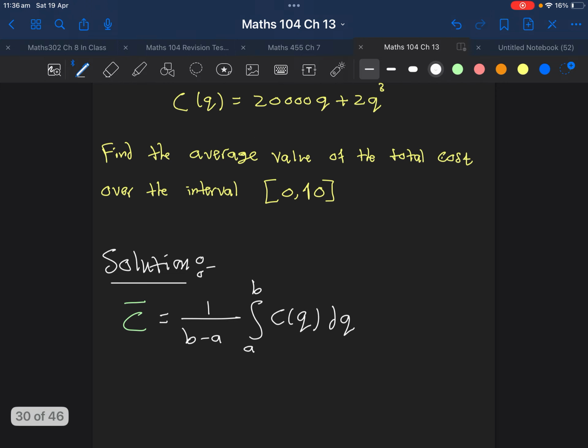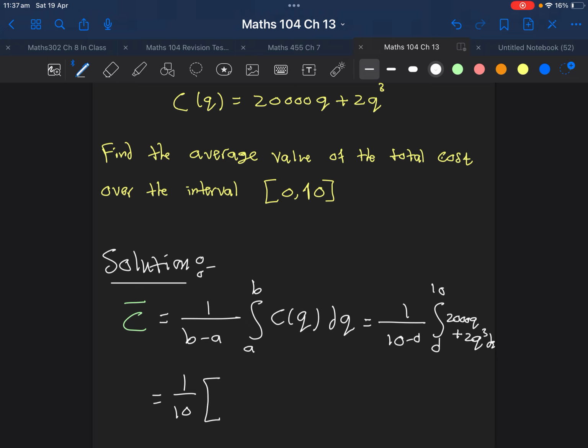Now it's very simple here. It will be just 1 over 10 minus 0, integral from 0 to 10, and then we write the function itself, plus 2Q cubed, which is 1 over 10. Now, what is the integral of Q?